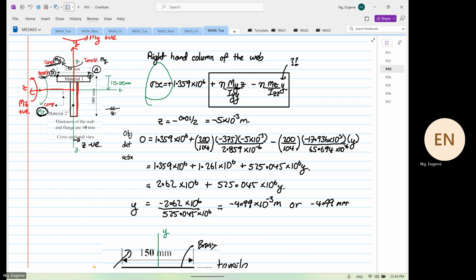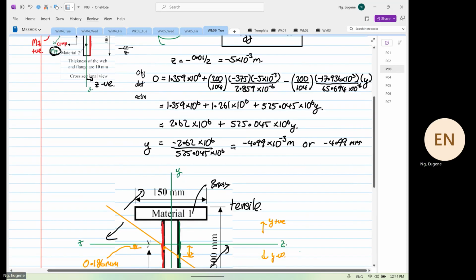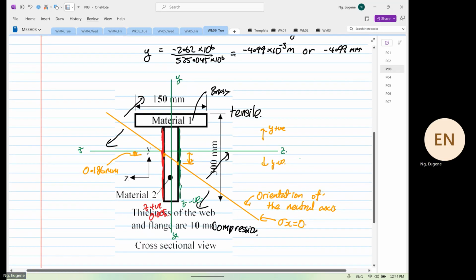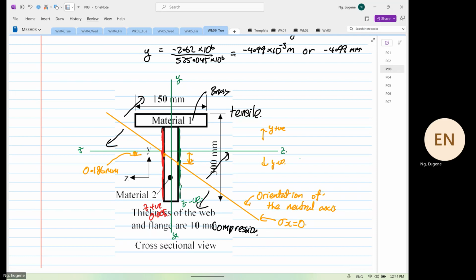Right? We do know what? Okay. Let me reiterate. On the green line, what coordinate system is fixed? Where we have Z is equal to minus 0.005. Right?